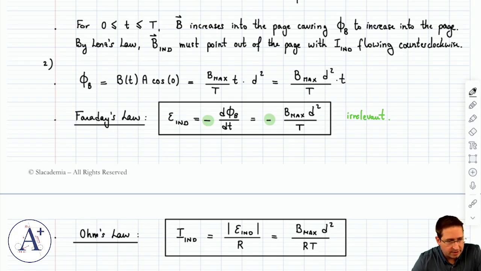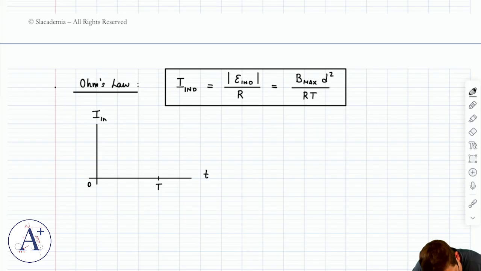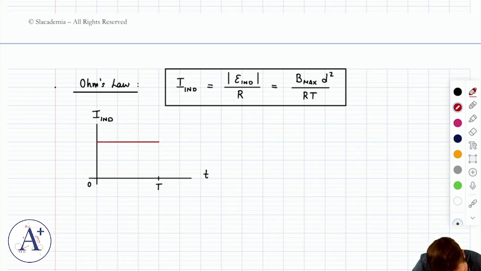Now we also want to sketch the induced current as a function of time. In this particular case, it is very straightforward. We're going to have time go from 0 to T, and if I want to graph it, I induced is just a constant current. Is it always the case that I induced is constant?